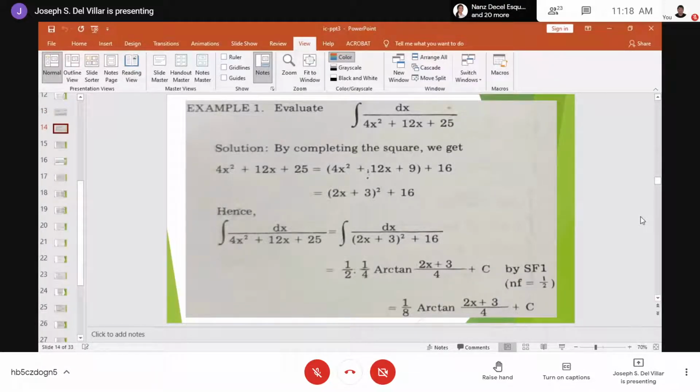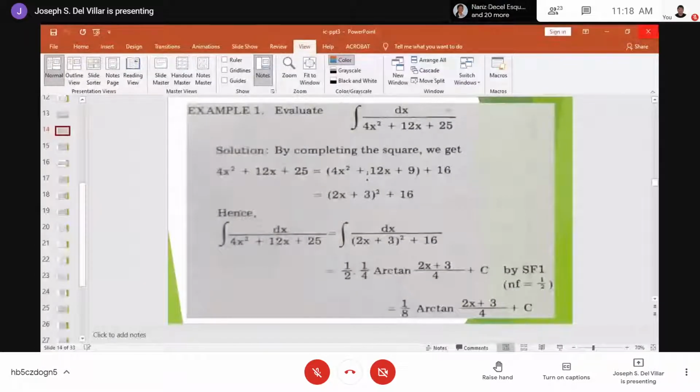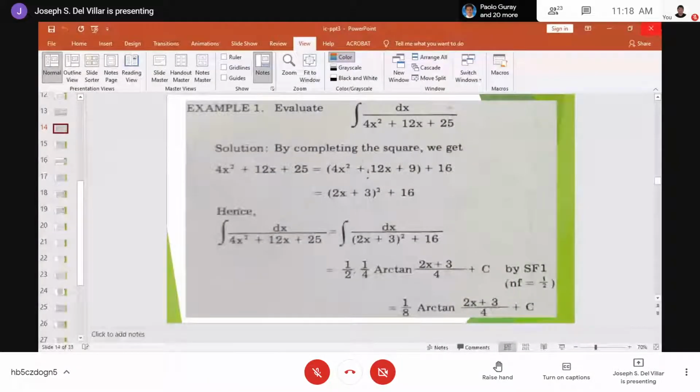Okay, so for example, we have this one, dx all over 4x squared plus 12x plus 25. Now this is quadratic because the highest exponent of the variable is squared. 4x squared, so this is a quadratic expression.